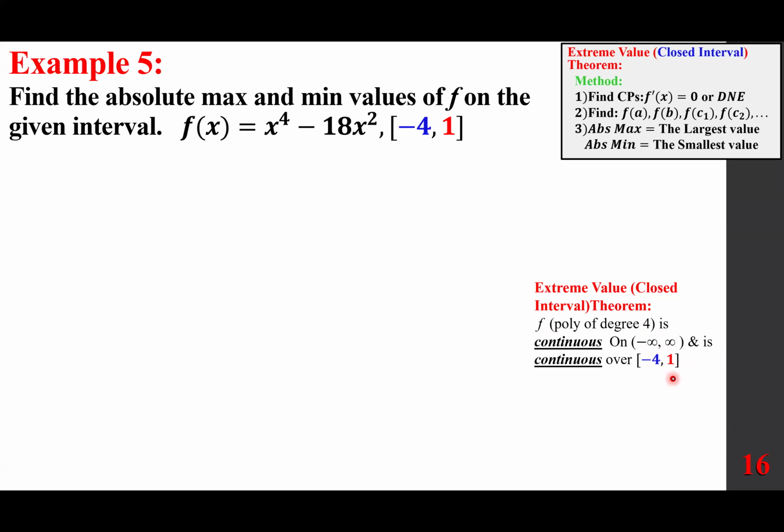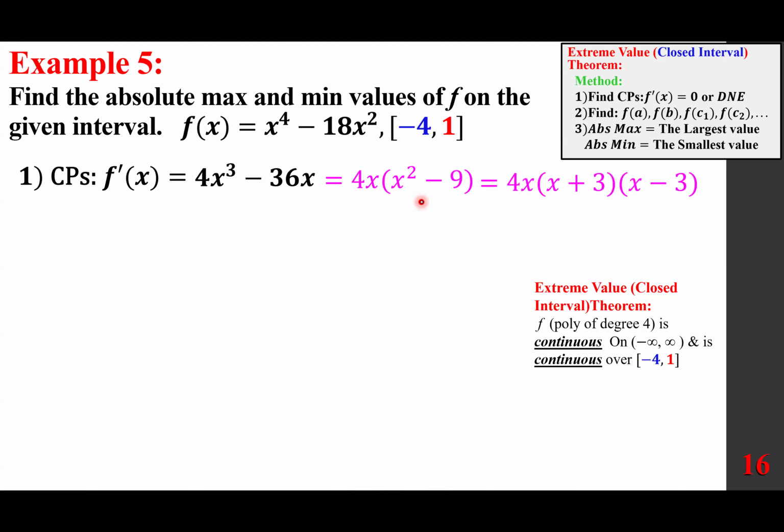So we are ready to move on with f prime of x. f prime of x is 4x cubed minus 36x. We are going to set this equal to 0. To do so, we are going to factor it first. So first and foremost, 4x is in common. 4x times x squared minus 9. x squared minus 9 is a squared minus b squared.